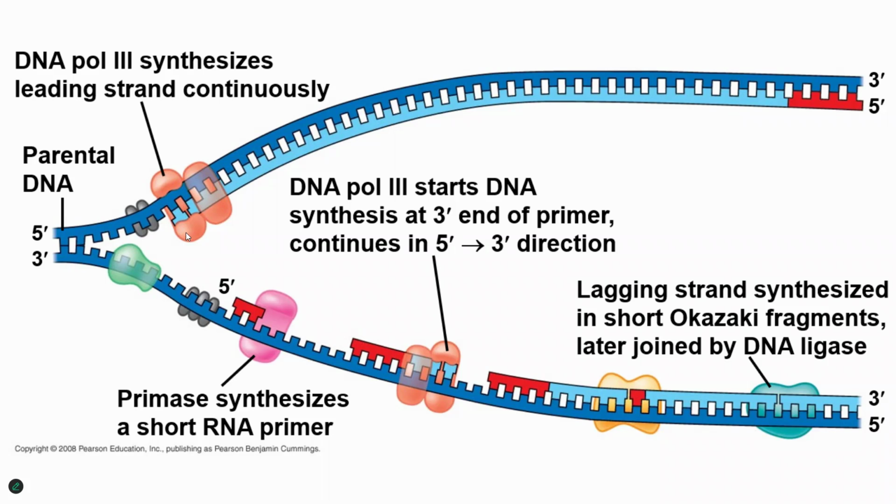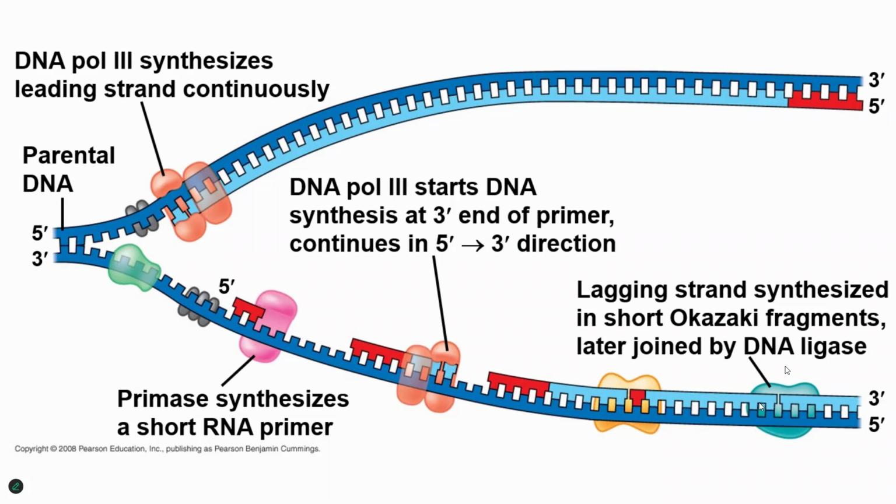So it's making this first strand here to the right, and then it's jumping over here, making this second strand to the right, then it's jumping over here, making the next strand to the right, and so on, and so on. All of these pieces are being made to the right, but the overall direction is to the left towards that replication fork.